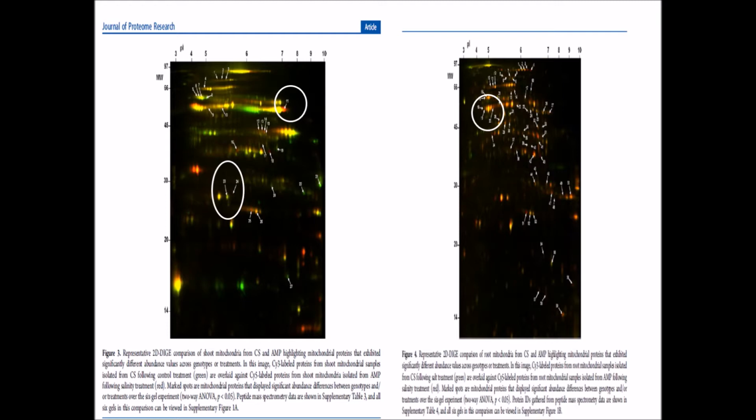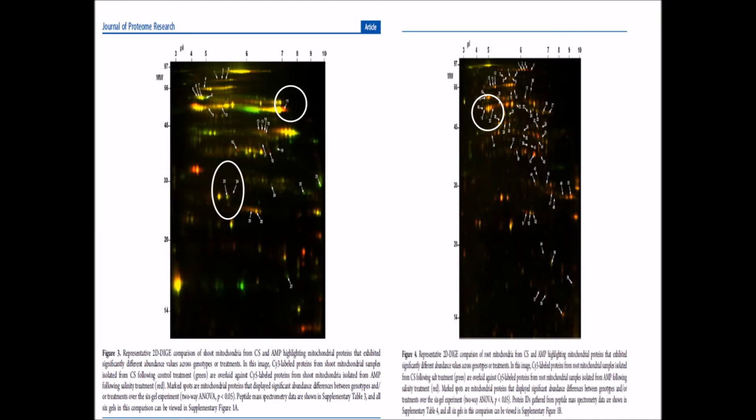In these figures, we can see that in the shoot mitochondrial 2D DIGE comparison, protein spots derived from the highly abundant photorespiratory SHMT enzyme presented as a train of spots in mitochondria isolated from AMP. The basic end of this train contained a highly abundant protein spot that was dramatically less abundant in CS.